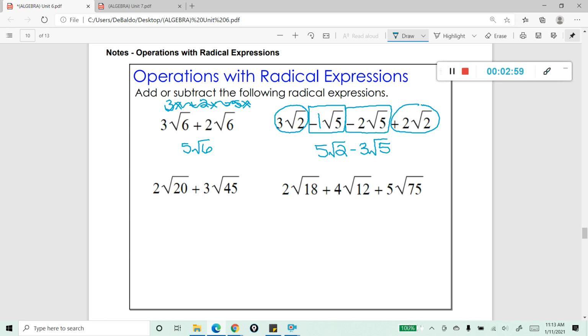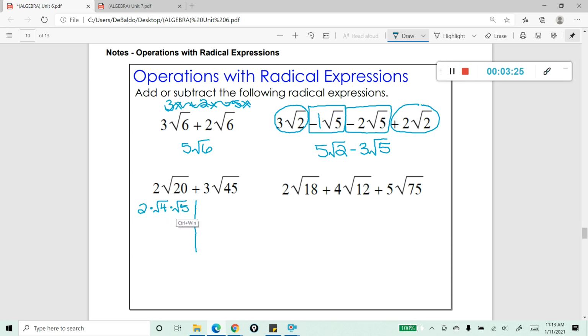I usually go ahead and identify where the operation is, which is addition. And I like to draw a little line, separating them from each other, because we're going to simplify two separate problems here. Let's go ahead and simplify the first one. So 2 root 20 can be broken down into 2 times root 4 times root 5.